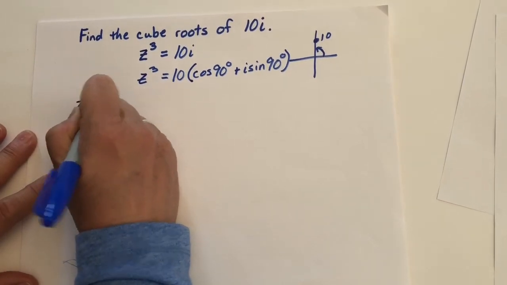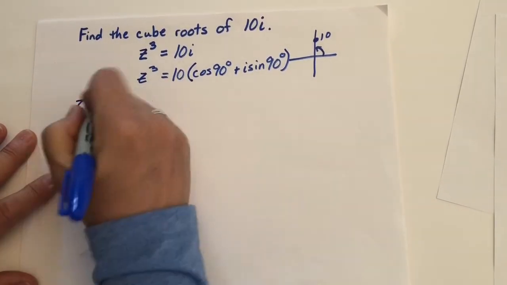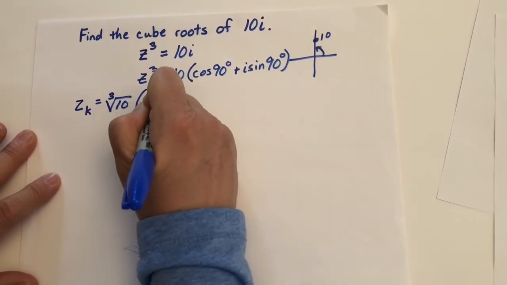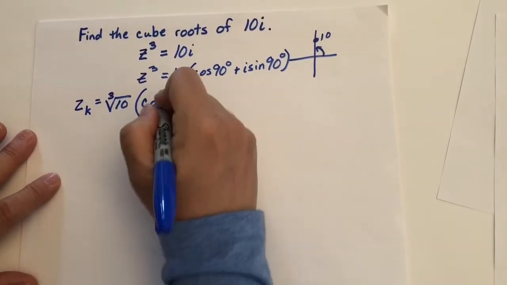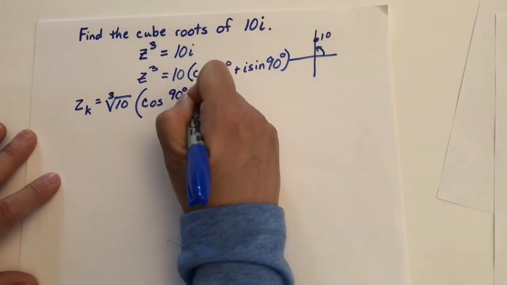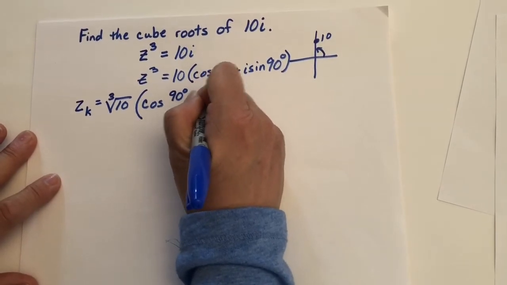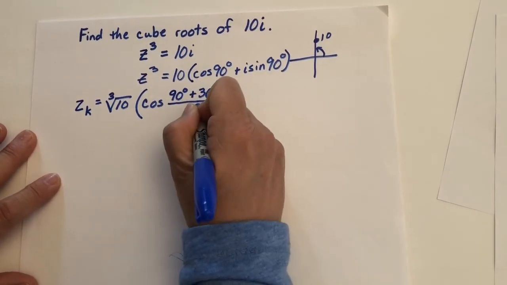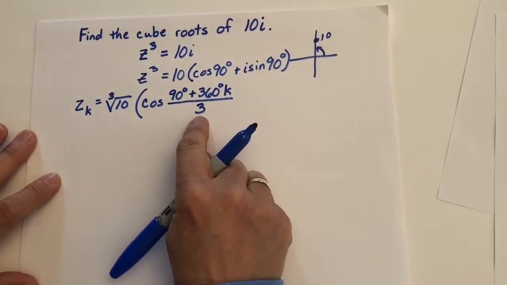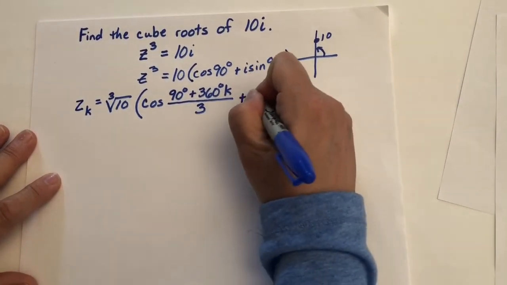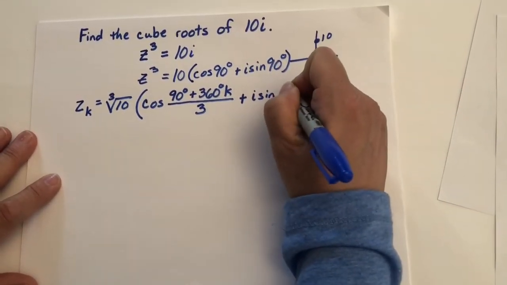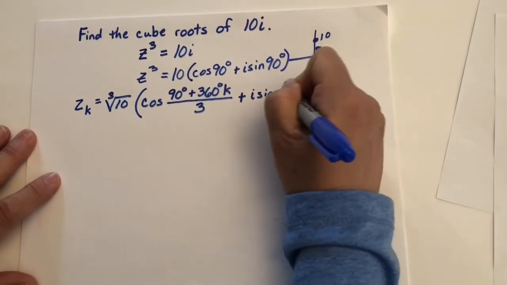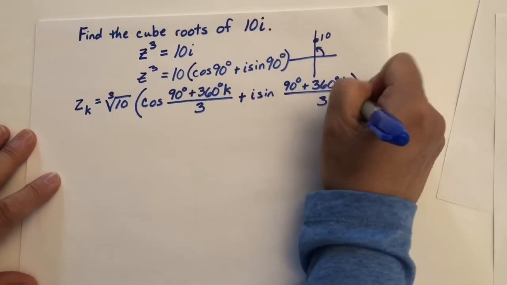The roots are found by taking the cube root of 10 times the cosine of our angle theta, 90 degrees, plus 360 degrees times k, divided by 3, because we're finding 3 roots, plus i sine of 90 degrees plus 360 degrees times k, divided by 3.